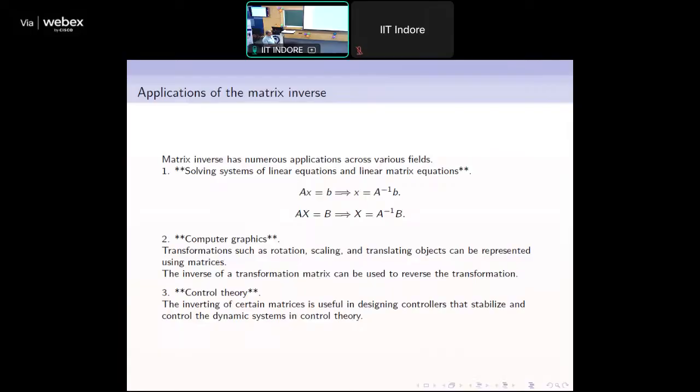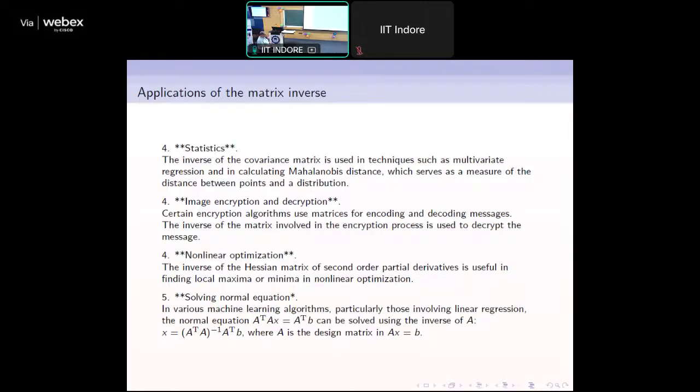Then there are applications in control theory. Matrix inverse is useful in designing controllers that stabilize and control dynamical systems in control theory. It is interesting to mention that some kinds of {2,3} inverses are applicable in control theory. We will present this later.